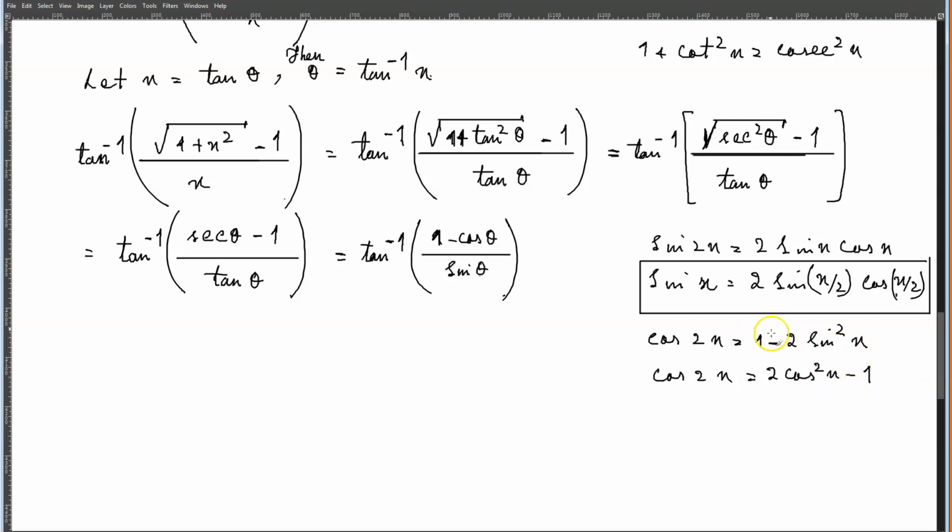In this formula 1 is positive, in this formula 1 is negative, right? Meaning that if I take this one to the other side of the equation, this becomes cos of 2x minus 1.